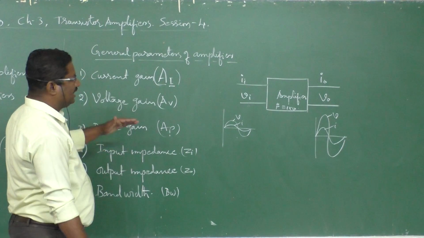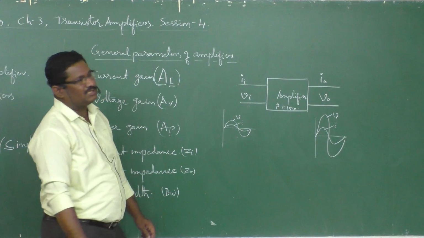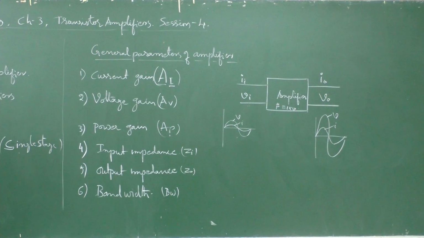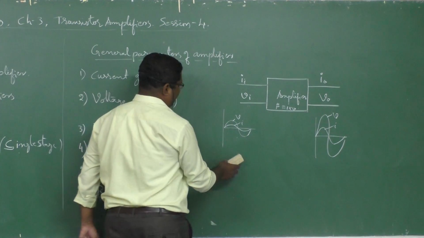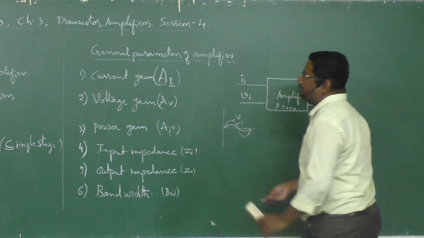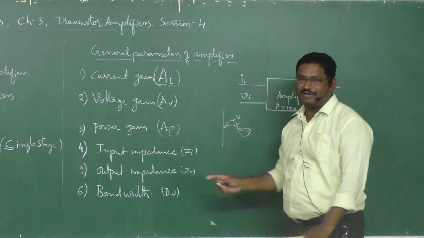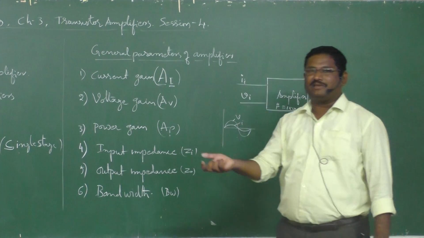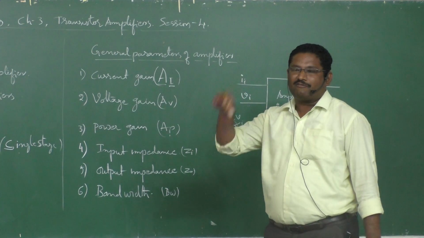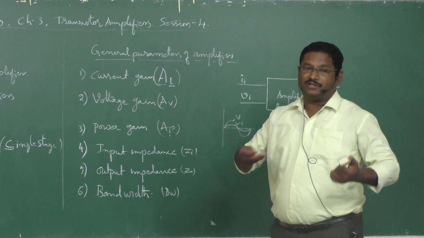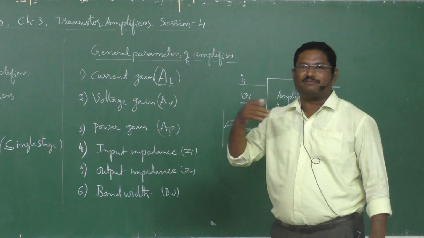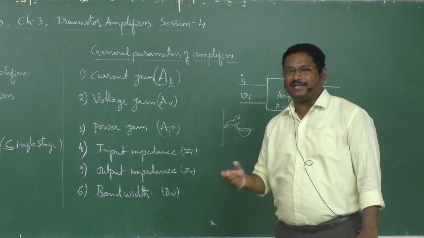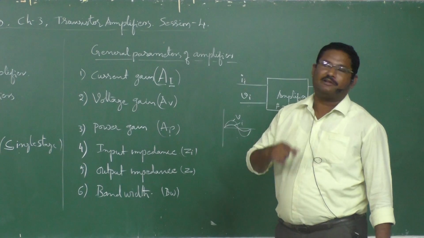Number one is the current gain. What do you mean by current gain? We come across many gains, like bank gain, profit and loss. But the gain has the same rule everywhere: if you give something and get something back, and what we get back is bigger than what we gave, then we call it a gain.